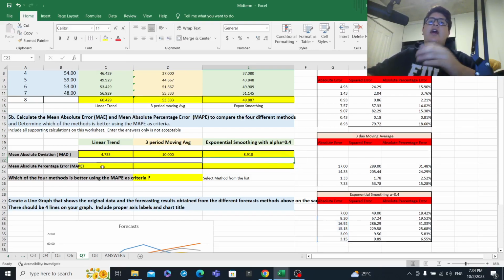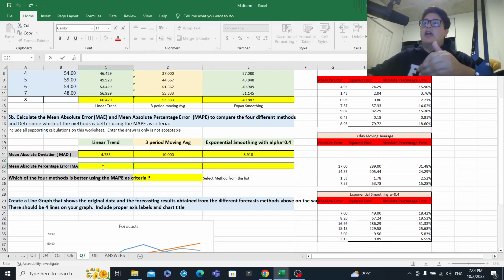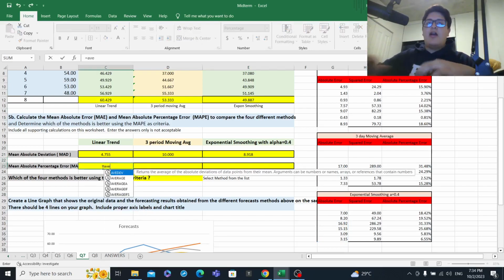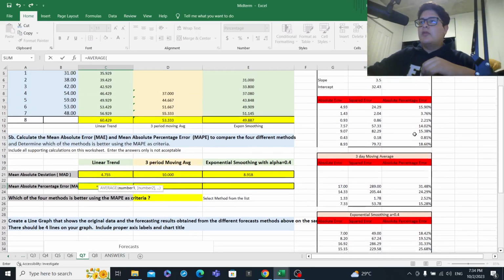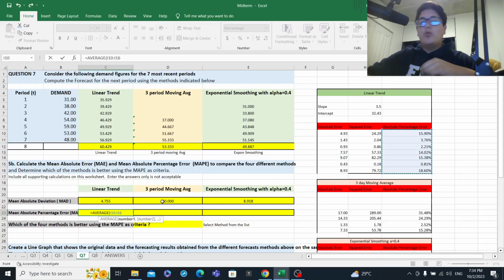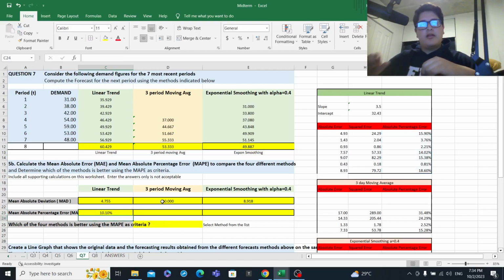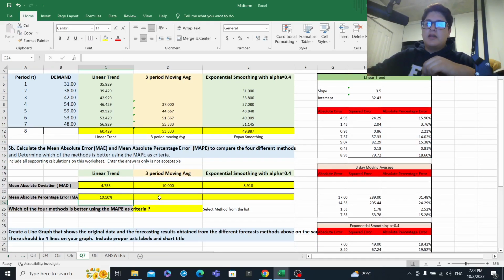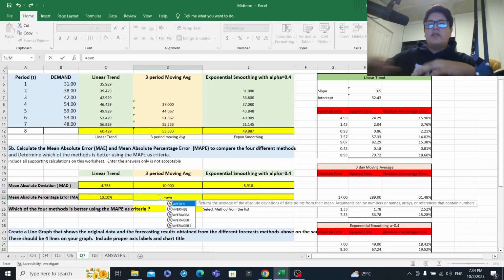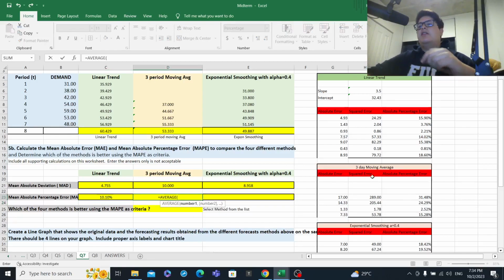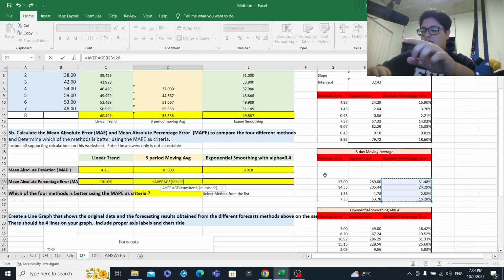Now the mean absolute percentage error is exactly the same. We have to put average. Then we pull this and here we go. Something you gotta know is that we may just take the values.